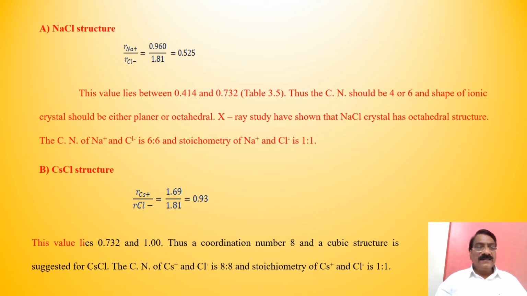This value lies between 0.732 and 1.00. Thus, the coordination number must be 8 and the structure must be cubic, which is suggested for CsCl. The coordination number of Cs+ and Cl- is 8:8 and stoichiometry of Cs+ and Cl- is 1:1.